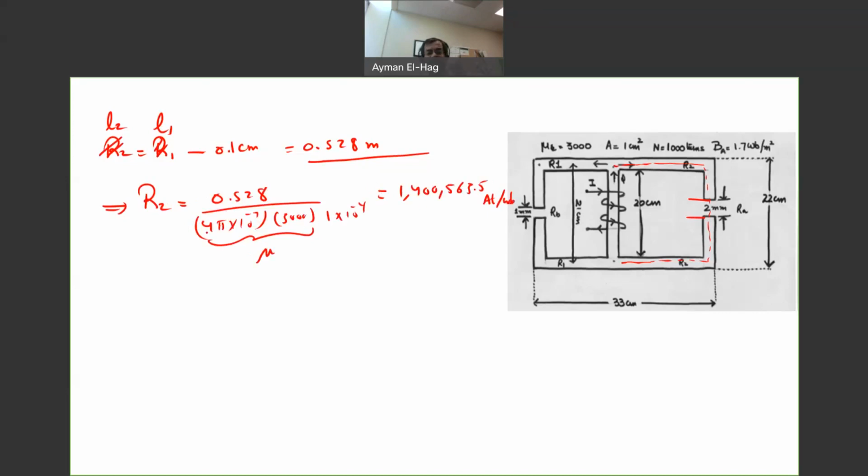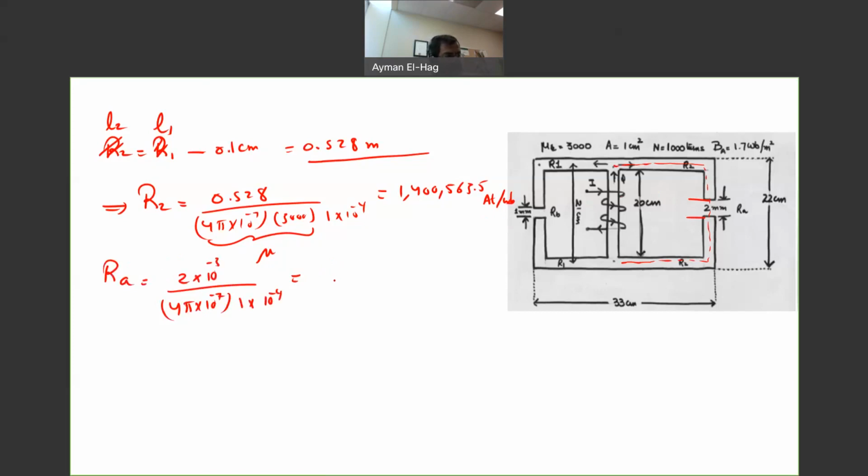So now we found reluctance 1, 2, and 3. Now we need to find the reluctance of gap A, whose distance is 2 times 10 to minus 3, divided by mu 0 only, because this is an air gap, 4 pi times 10 to minus 7, times the cross-section area, which is 1 times 10 to minus 4.